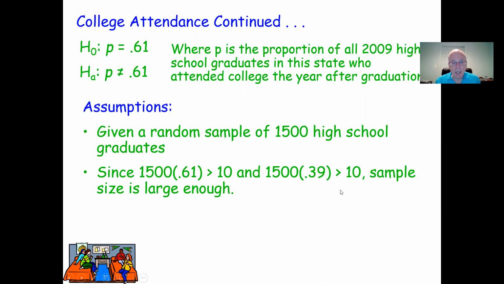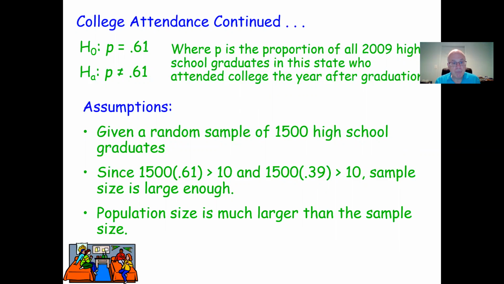They're both well over 10. So the sample size is large enough in this case so that we can use the normal distribution in the hypothesis test. Population size much larger than the sample size, you bet.